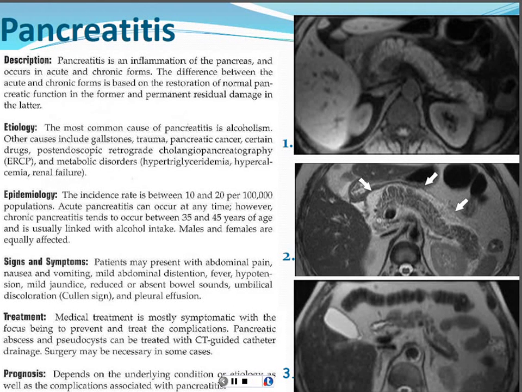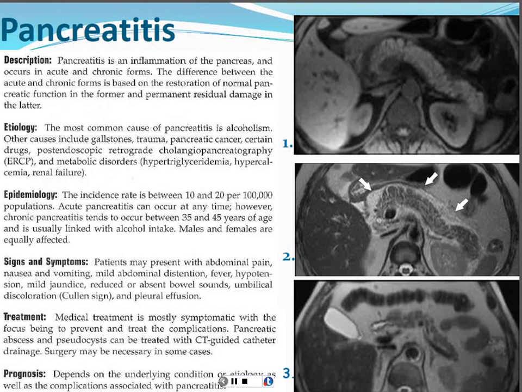Sometimes even the procedure that they use to remove gallstones, the ERCP procedure, can result in pancreatitis, just because of manipulating the area and the duct; that can cause a post-ERCP pancreatitis. Rarely, if a patient has extremely high triglyceride levels, that could result in pancreatitis.